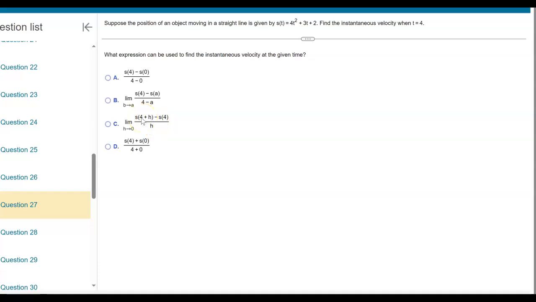So you would have s of 4 plus h minus s of 4 over h as h approaches 0. So letter C is the answer. So I encourage you to go and check on the definition of the derivative. And then just apply that definition to this problem here.